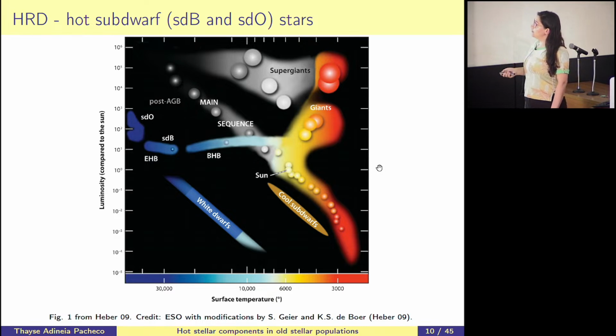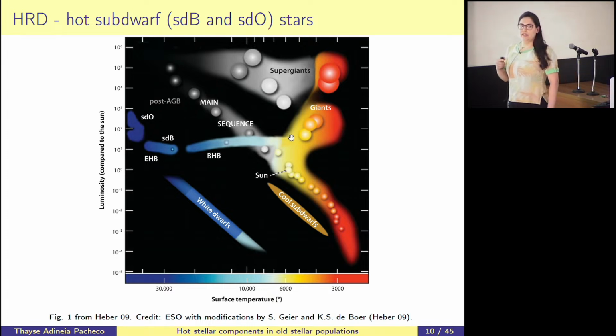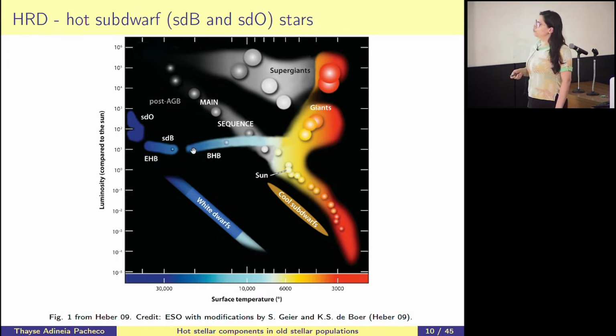After the main sequence phase, they go to the giant phase, and then the helium ignites in the center, and they start going to the horizontal branch, where we have center helium burning, and we can see this horizontal branch here, and this extreme horizontal branch here, where they are the subdwarfs O and B subtypes.